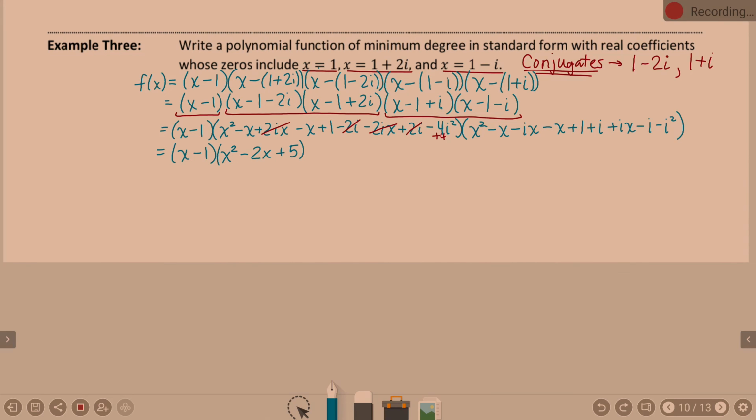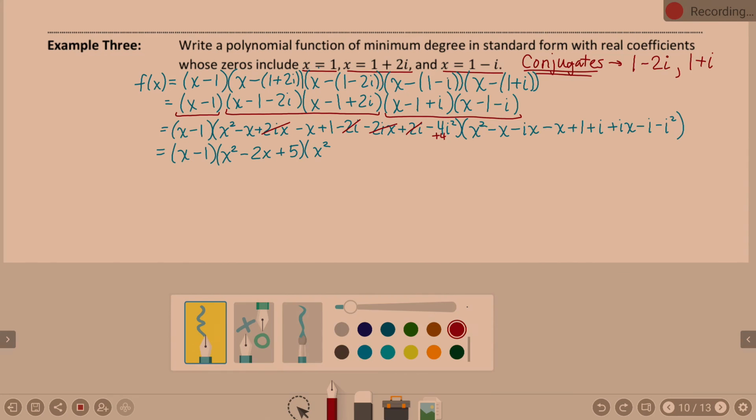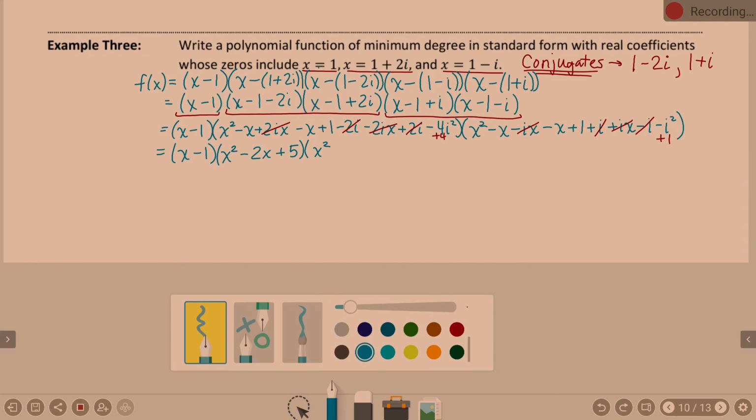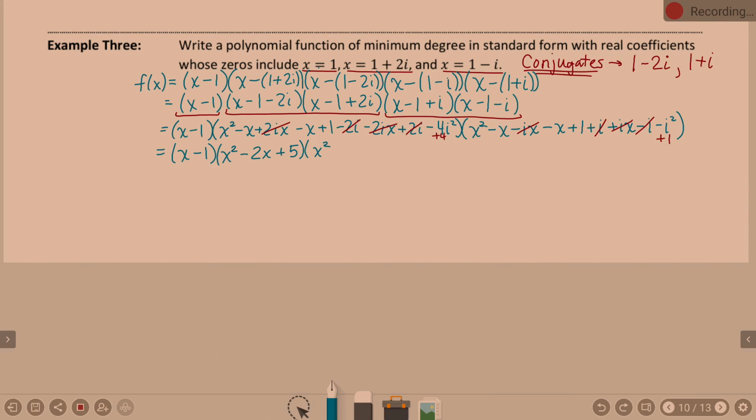Clean up your next parenthesis. I know I should have some canceling again. Minus ix plus ix, plus i minus i, and minus i squared will be plus 1. So I have x squared minus 2x plus 2.